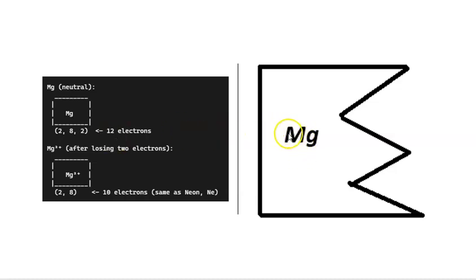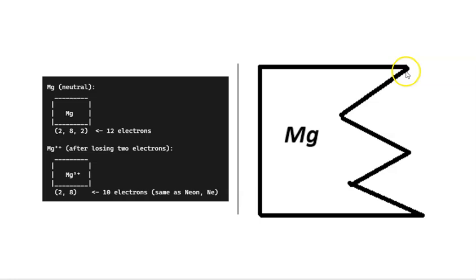Magnesium is in group 2, so it has 2 electrons in the outermost shell. That's why magnesium uses to lose 2 electrons to get the neon configuration, that is 2 and 8. 8 is the number that gives stability to magnesium when it loses 2 electrons.